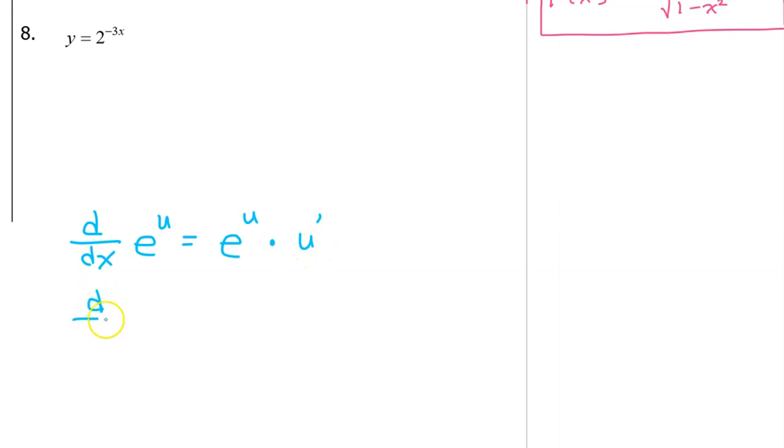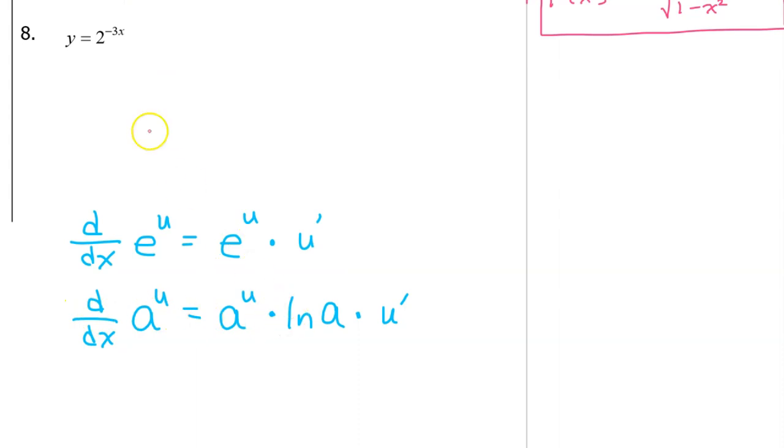Now, similarly, the derivative of a to the u starts off as a to the u. However, because this is an a and not an e, there's this extra part where we have to multiply by natural log a. And of course, we still have to multiply by u prime because of the chain rule.